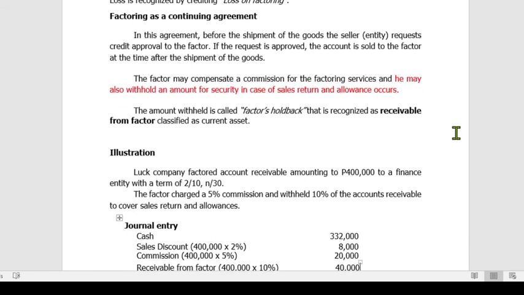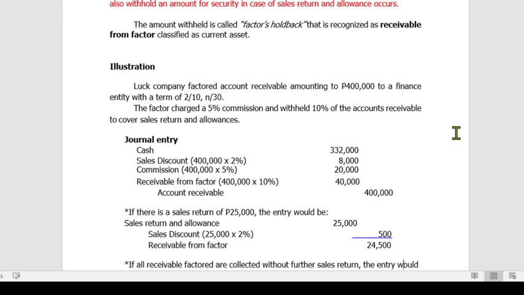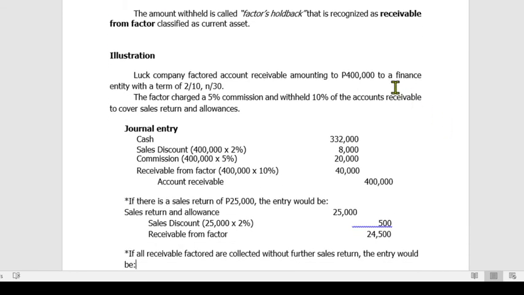So let us illustrate. Love company factored accounts receivable amounting to 400,000 to a finance entity with a term 2/10, n/30. The factor charges a 5% commission, then meron siyang 10% factors holdback itong accounts receivable to cover the sales return and allowances. So how do we recognize it? The journal entry. Since ikaw ay nag-factor ng accounts receivable, anong gagawin mo sa accounts receivable mo?